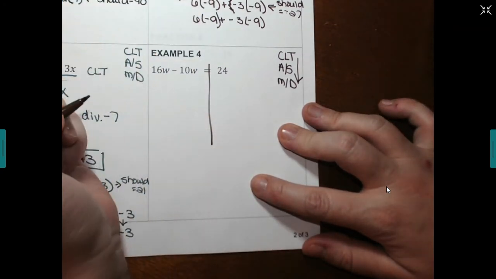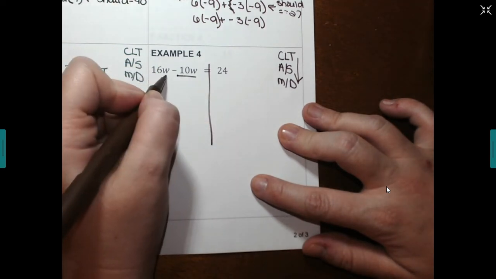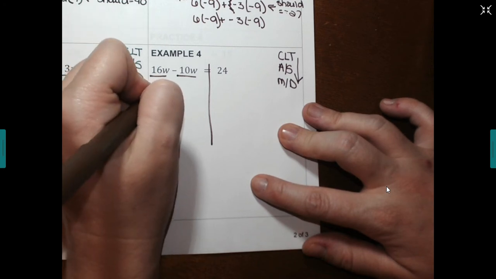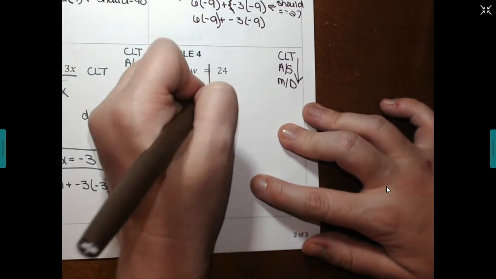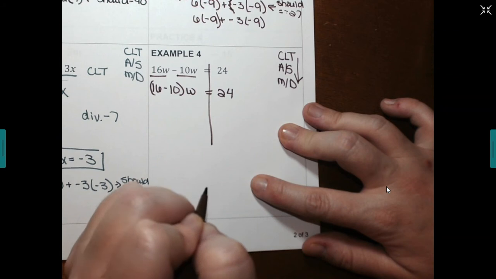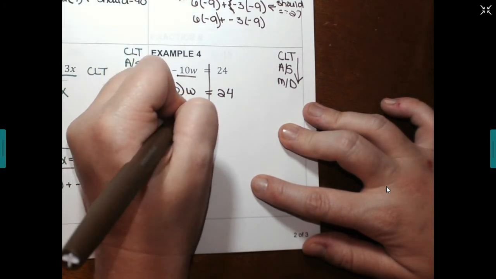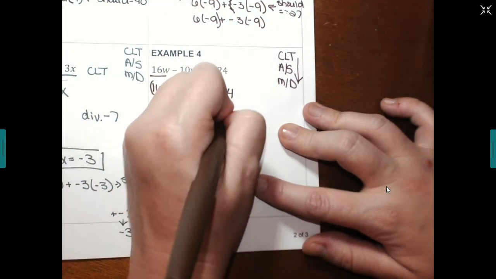Okay, so I can combine my 16W and my negative 10W. So I have 16 minus 10W equals 24. 16 minus 10, great time for Desmos, or Miss McNabb could just tell you it's 6W equals 24.